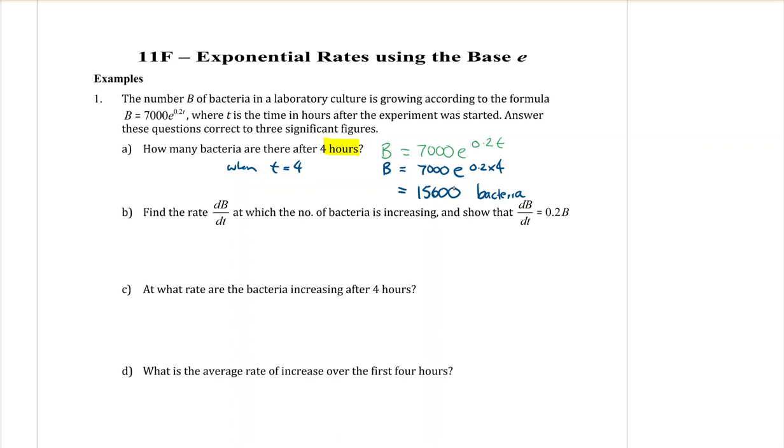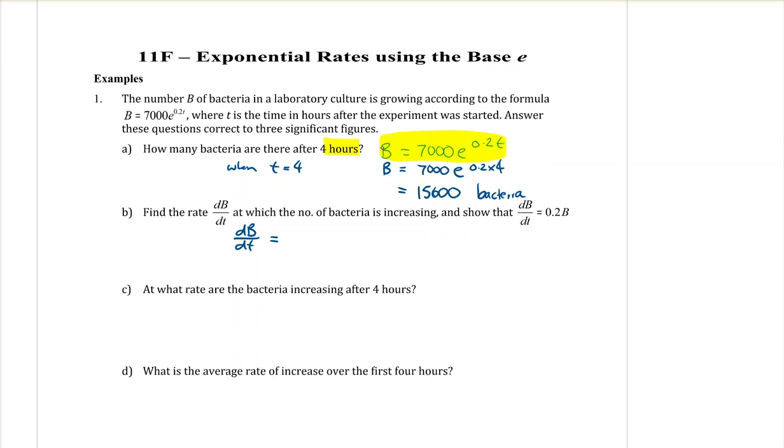Part B, find the rate. So rate we know means differentiate, and even gives it away again, dB over dt, the rate at which the number of bacteria is increasing, and show that dB over dt is equal to 0.2b. So dB over dt, the derivative of B with respect to time. We're looking at this equation here, B equals that one.